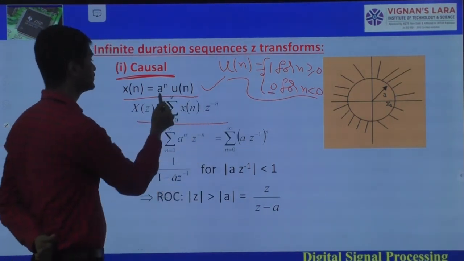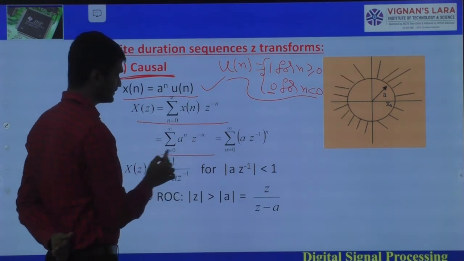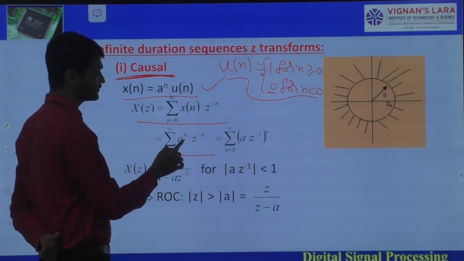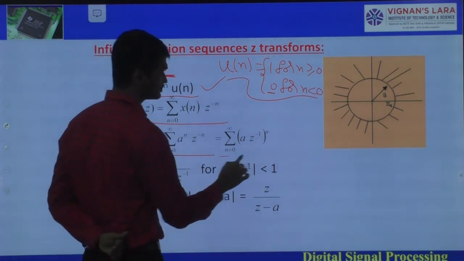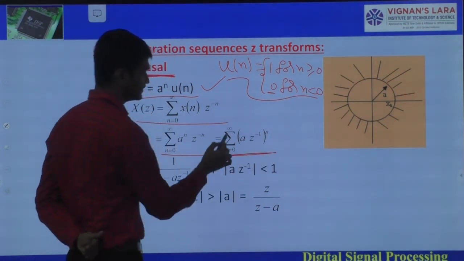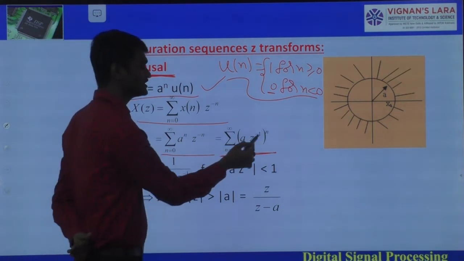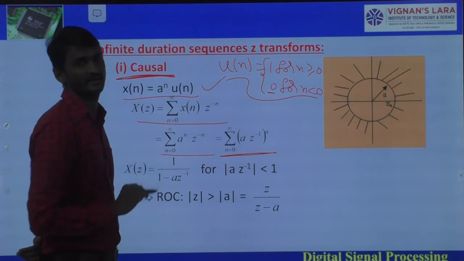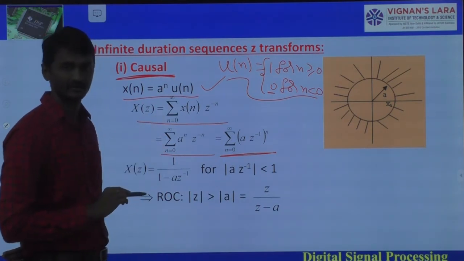That is 1 into a power n, so only a power n will be there. So sigma n equals 0 to infinity a power n z power minus n, which can be written as sigma n equals 0 to infinity of a into z power minus 1, whole power n.